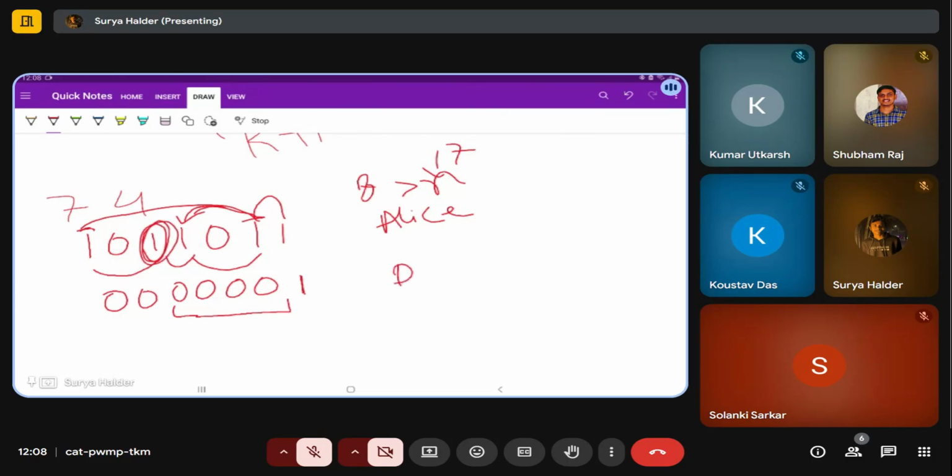So if I form my array like this after Alice's move: 0, 0, wait, four elements I'm removing, 0, 0, 0, and then 1. 1, 2, 3, 4, 5, 6, 7.